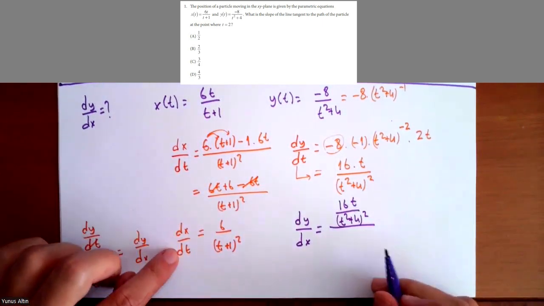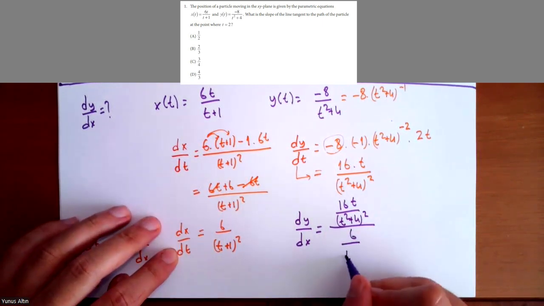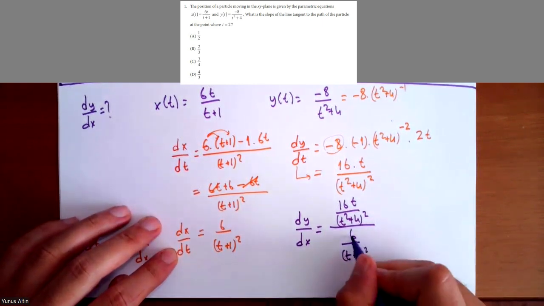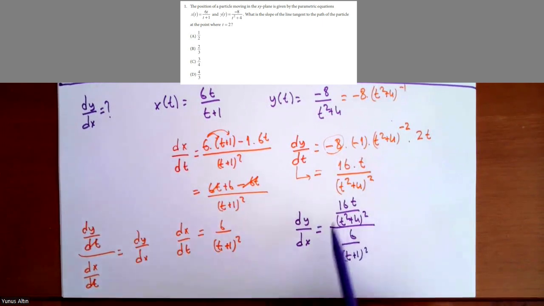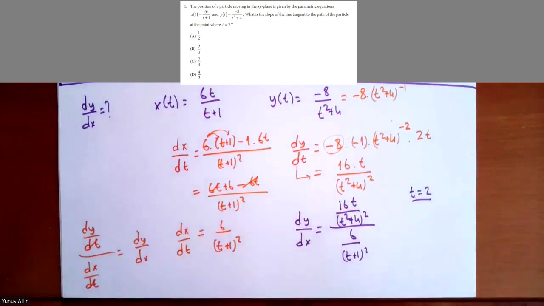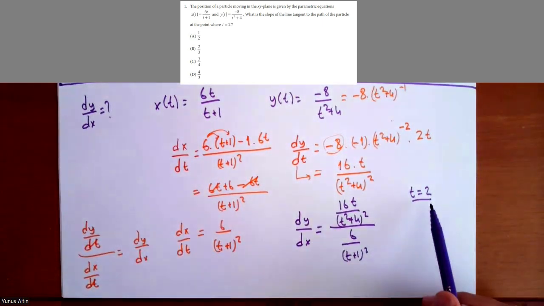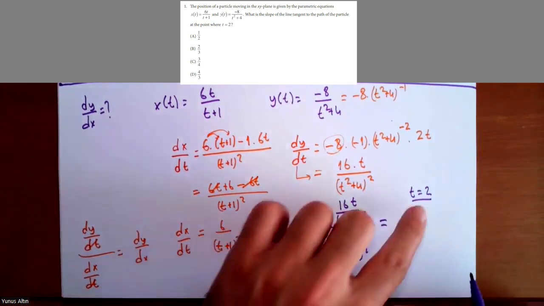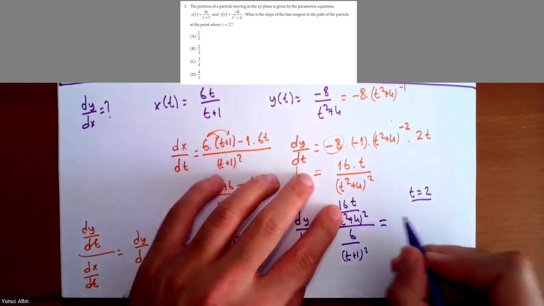And dx over dt will be 60 over t plus 1 squared. So you don't have to actually simplify this expression because all you need to do is plug in. The question says the point where t equals 2. So we can just basically plug in 2 for t.